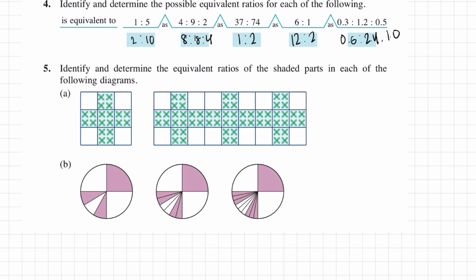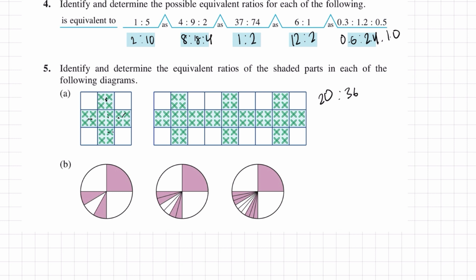I think it just wants us to write the shaded region to all of the tiles. So this is 1 2 3 4 5, 1 2 3 4 5. So 5 times 4 is 20 to the ratio of 9 times 4, which is 36.